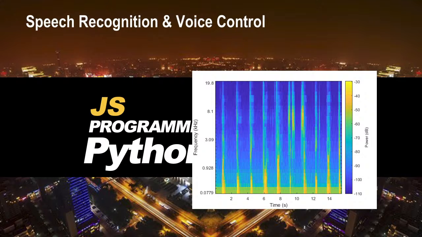We have a spectrum: on the y axis it is frequency, and color shows the power of each frequency, and on the x-axis it's time. So that's the basics of how it's done.